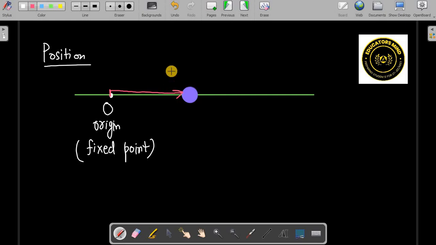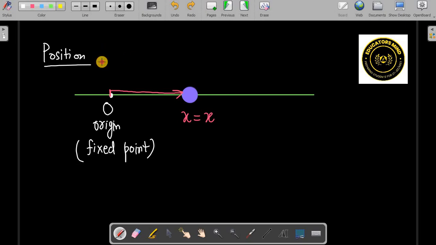So position itself is a vector quantity. Don't think that position is not a vector quantity. Position itself is a vector quantity, and let's say its position in general is x. It can be x is equal to 1, x is equal to 2, anything it can be. It can be negative also. Negative means it is towards the left side of the origin. So position is nothing but the location of the body with respect to the origin or with respect to the observer.